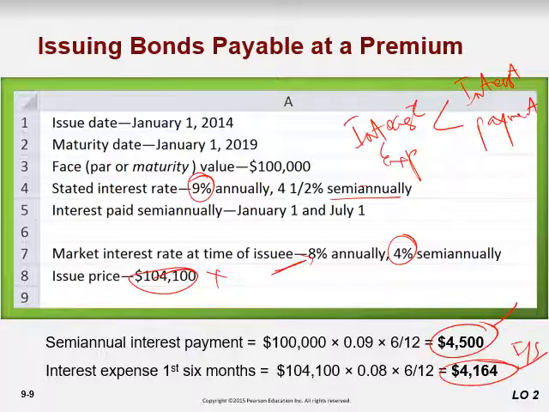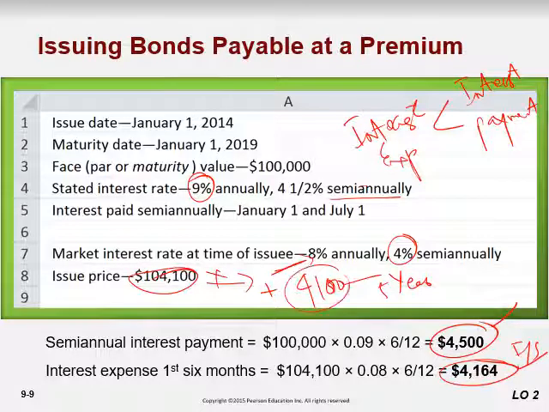So it means what we have received in excess, we will retire. This is for 5 years. We will slowly retire parts of this 4,100, and we're going to be adjusting it into our interest payments. So that's why our interest expense is lower, right?